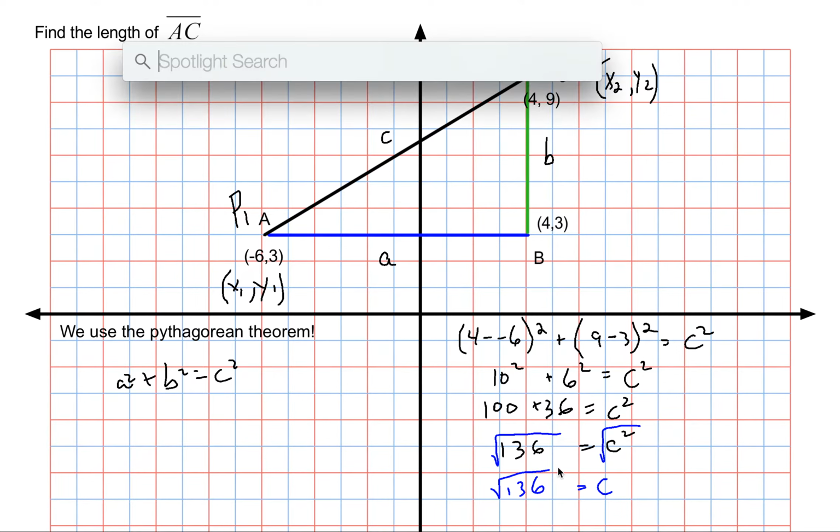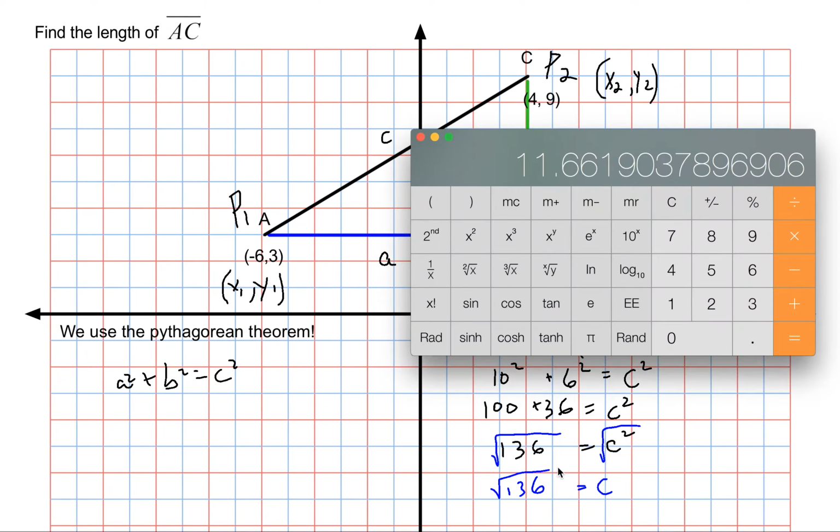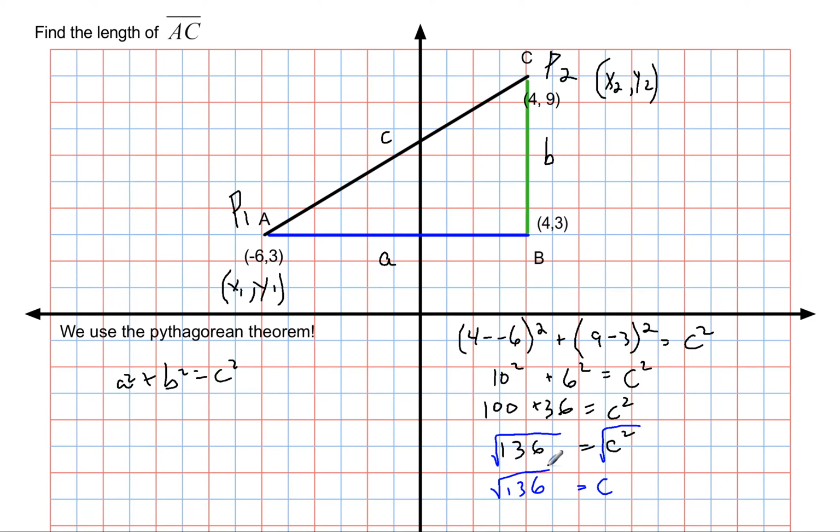Let's get our calculator up here and see what the square root of 136 is, and that is equal to 11.66. So we're rounding to the nearest tenth. So our answer is going to be c is equal to 11.7.